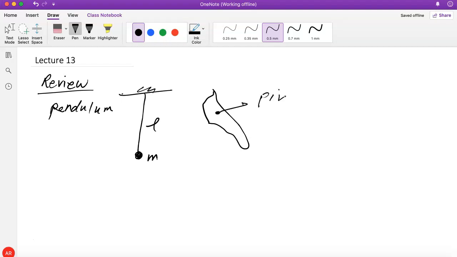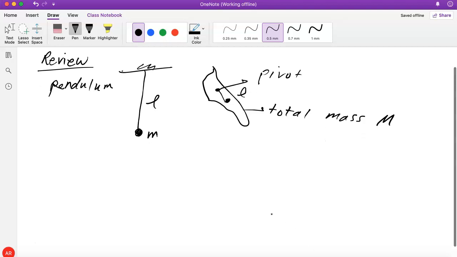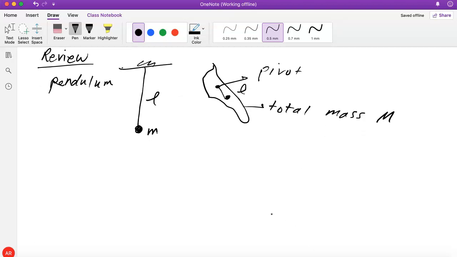So let's say that's the pivot point here, and it has a center of mass a distance L away from the pivot point, and then the total mass is m. So we derived a couple of formulas for the period of these two, and we had a little bit of practice solving problems involving pendulums.